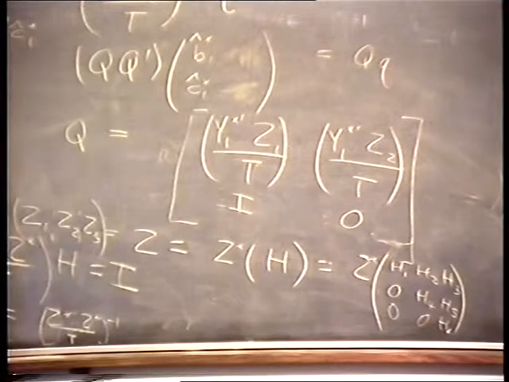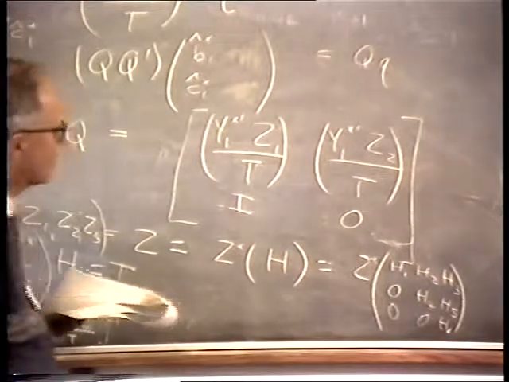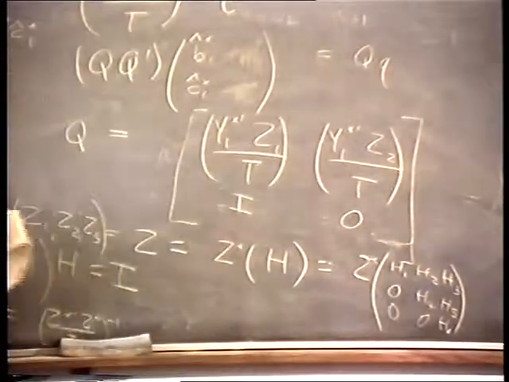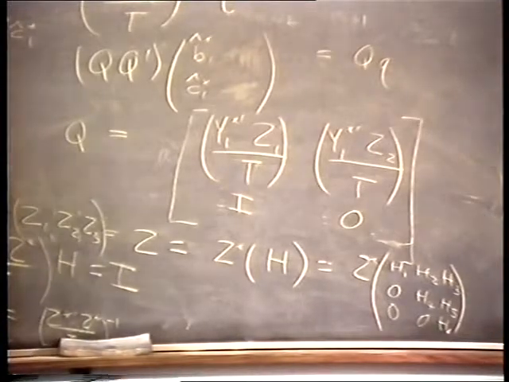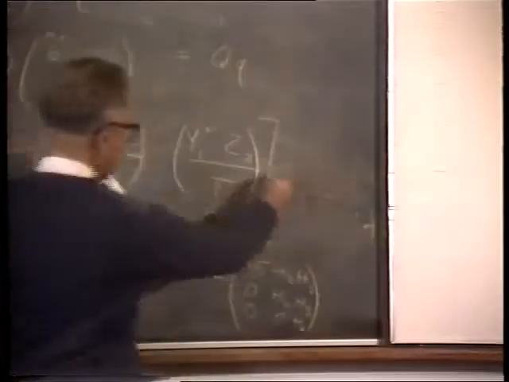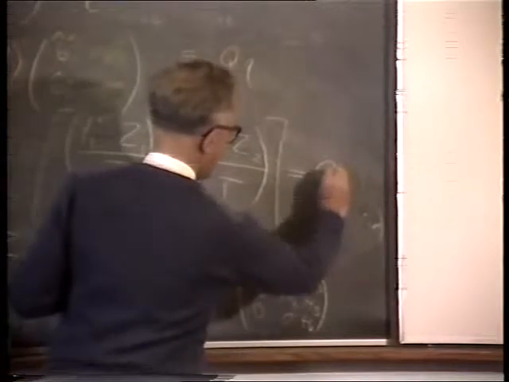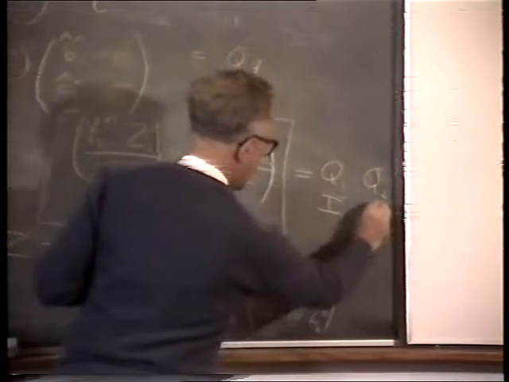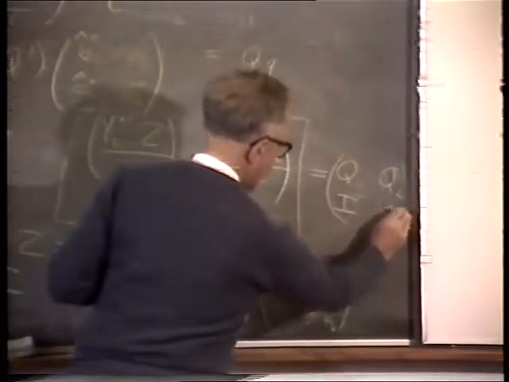Now I must admit that this whole business of splitting up my Q's into Q1 and Q2 was a mistake, because I hadn't actually presented this step of the argument yet. What I really want to do is to define my Q matrix to be Q1, Q2, I0 as the definition of the Q1 and Q2.